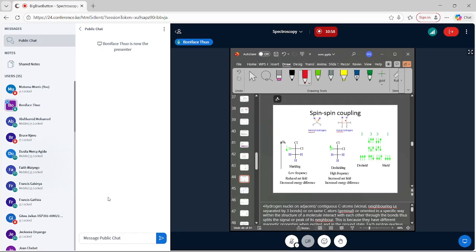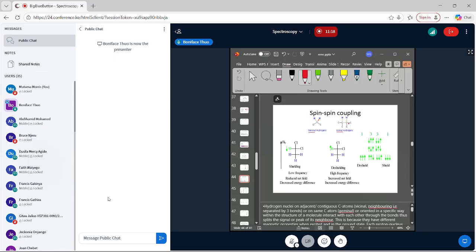Vicinal hydrogens, however, may be in different chemical environments. And when the separation in terms of their resonance frequency is significant, then they resonate at different frequencies.